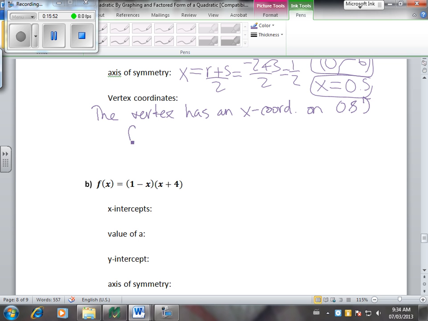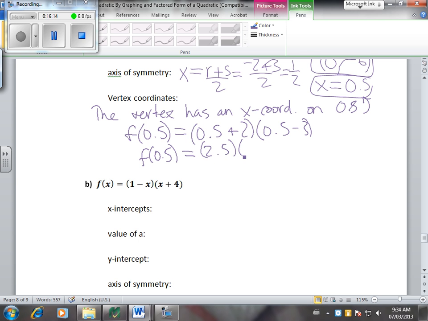So we plug that into our function, because remember that y is a function of x, so where we see an x in our original formula, we can just put in 0.5, and we get f of 0.5 equals 2.5 times negative 2.5, or negative 6.25. So our vertex point, because we want the coordinate, would be (0.5, negative 6.25).